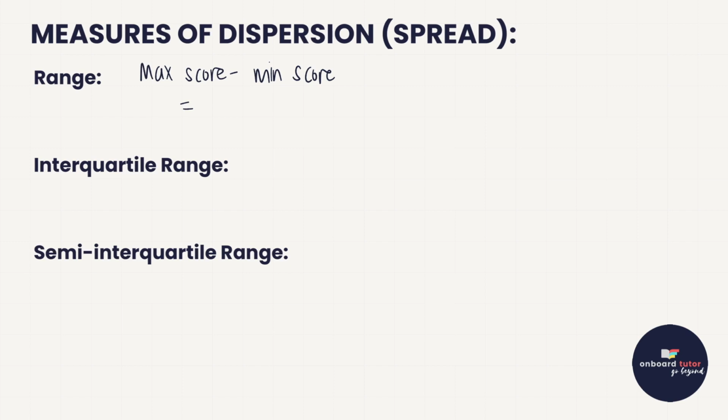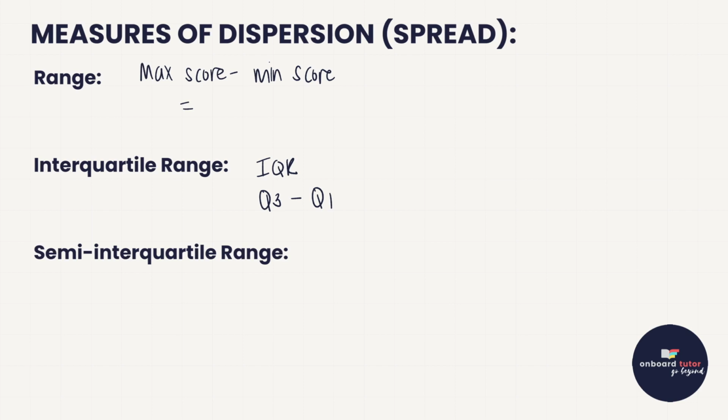Sometimes there are data values on the extremities, the minimum or the maximum. They are outliers. They are so different from the rest of the data that it's actually not accurate to have the range as your measure of spread, and then you rather use the interquartile range. This is also known as the IQR, and that involves taking quartile 3 minus quartile 1.